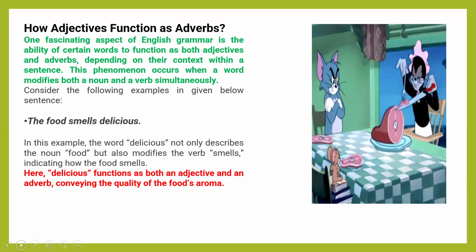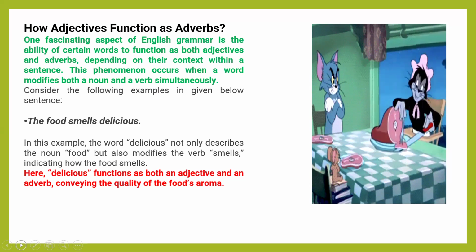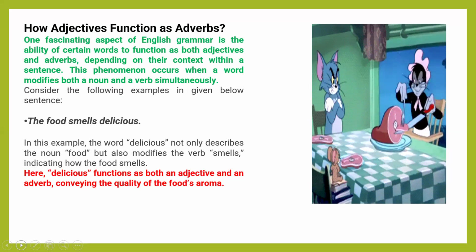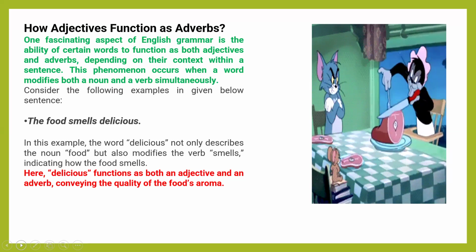How adjectives function as adverbs. Example given: the food smells delicious. In this example, the word delicious not only describes the noun food, but also modifies the verb smells, indicating how the food smells.